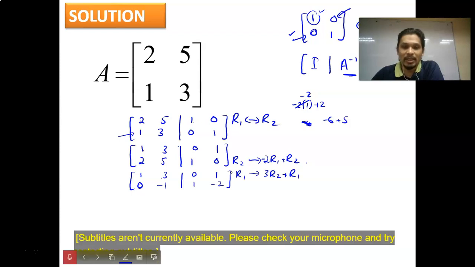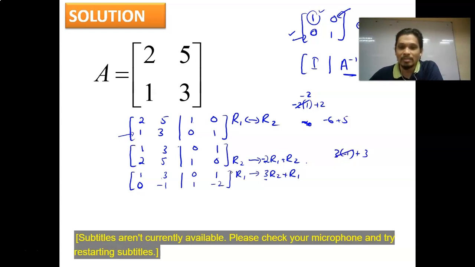Let's double check: 3 times R2, the current R2 now is negative 1, so 3 times negative 1, and then plus R1, which is 3. So 3 times negative 1 equals negative 3, plus 3 equals 0.